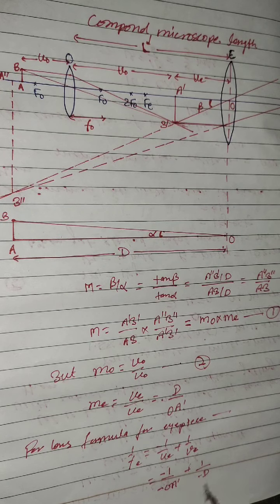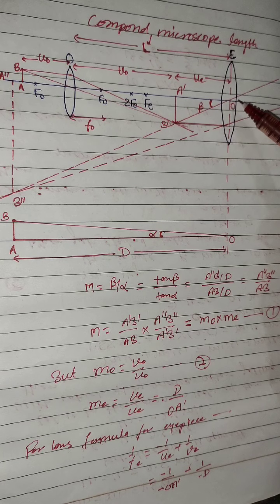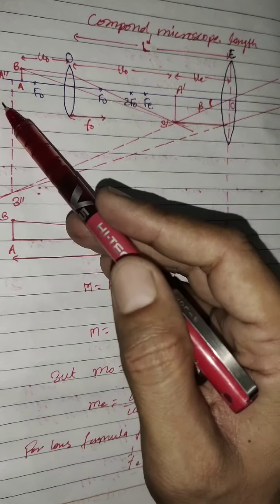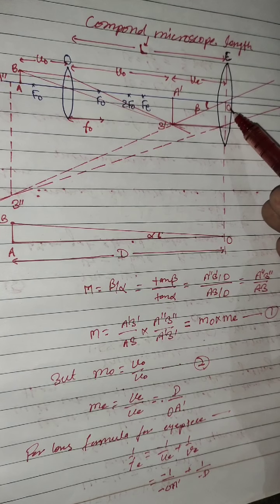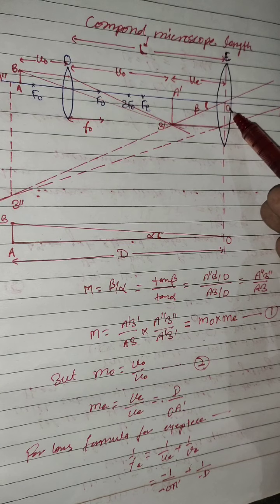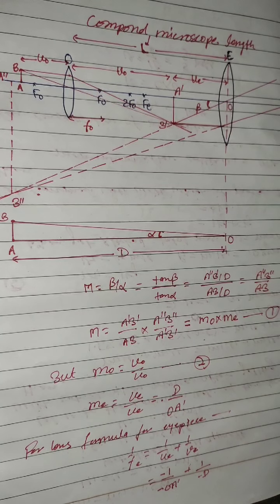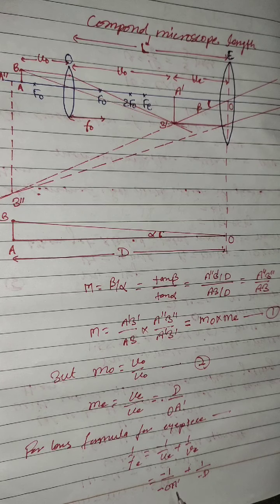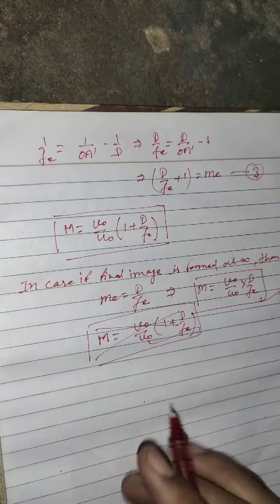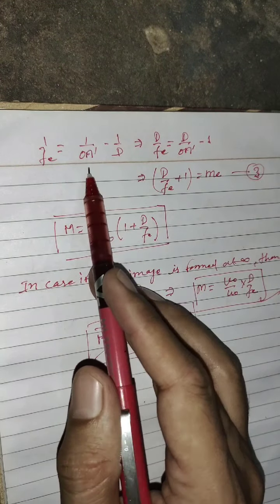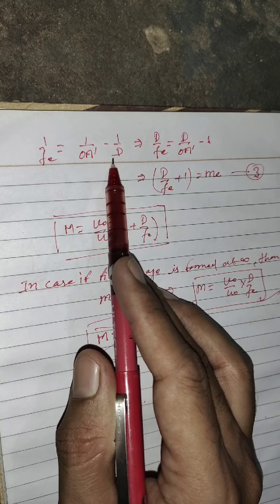In this way, you are measuring these distances oa dash and oa double dash along the negative x-axis, that is, to the left of the optical center of the eyepiece. So these values are taken negative, and if we solve this, then we can write 1 upon fe is equal to 1 upon oa dash minus 1 upon d.